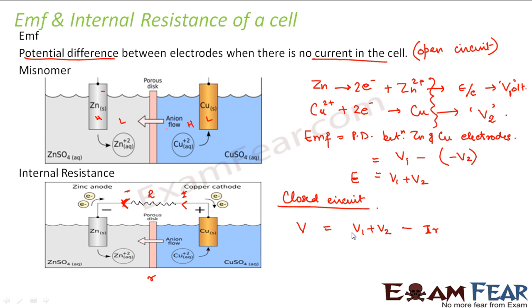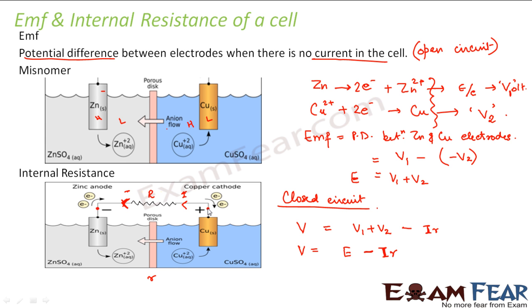That means your earlier potential difference between the two electrodes will get reduced by the voltage drop across the internal resistance when current flows. So your potential difference between the two electrodes will now become EMF minus the voltage drop across the internal resistance. Now what is this V? This V is nothing but the potential difference between these two electrodes.